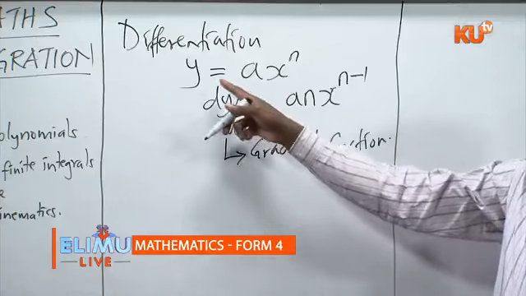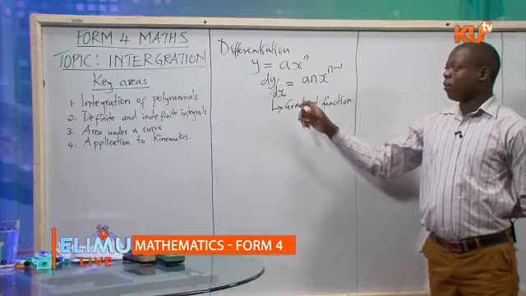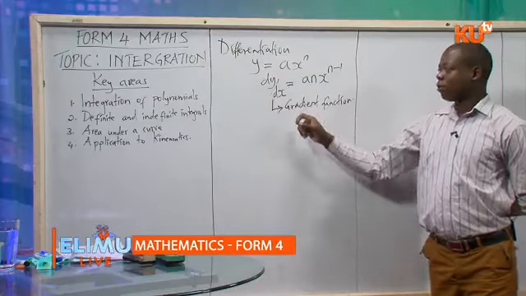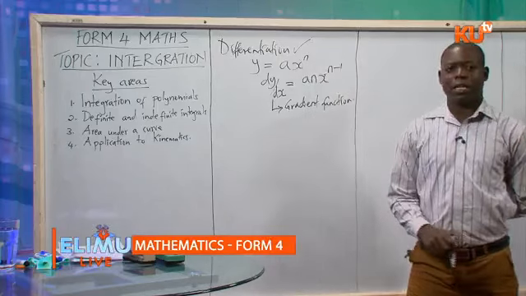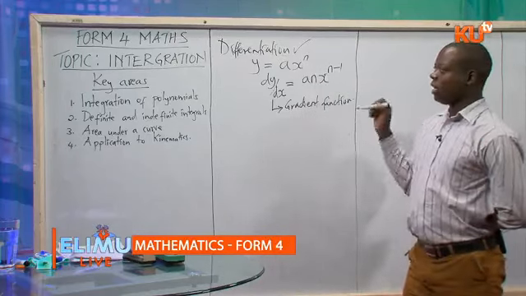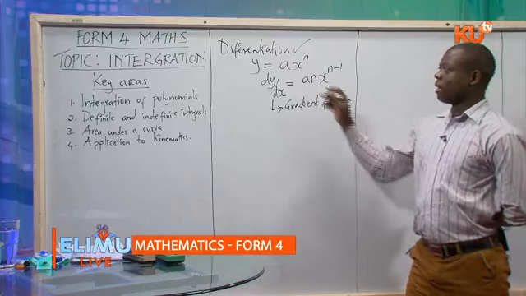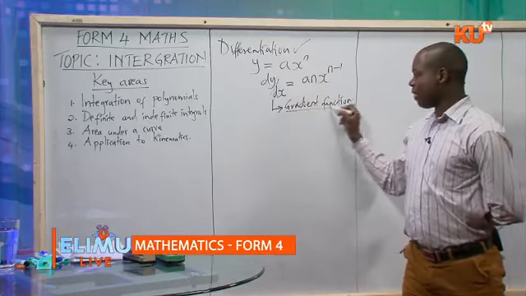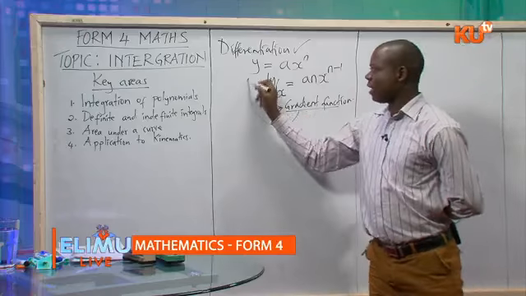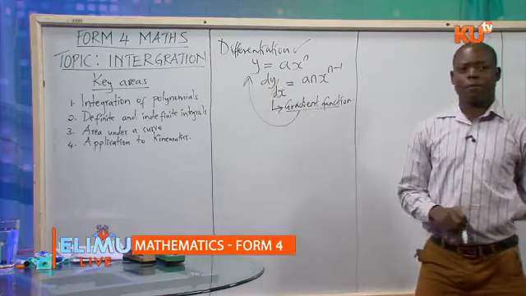So when you have a function of a curve, carrying out a process to obtain the gradient function is what we term as differentiation. And so in integration, if it is the reverse of differentiation, then it means we are going to be given the gradient function to obtain the function of the curve.